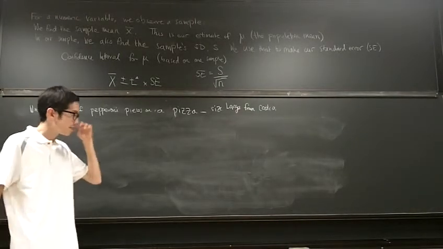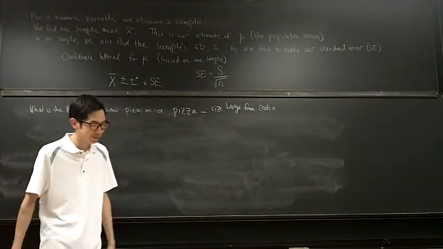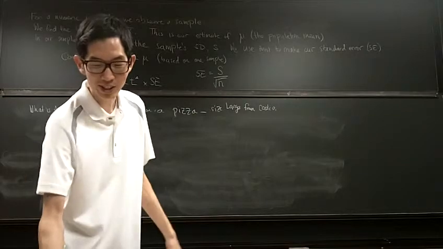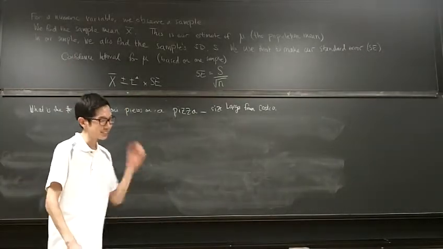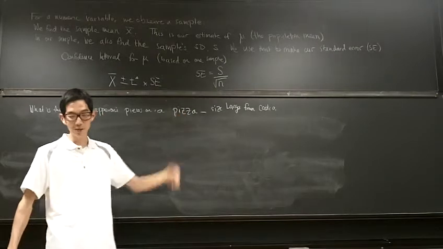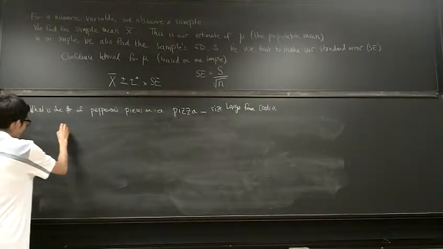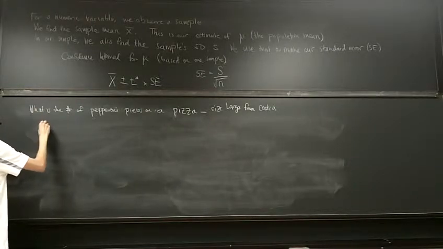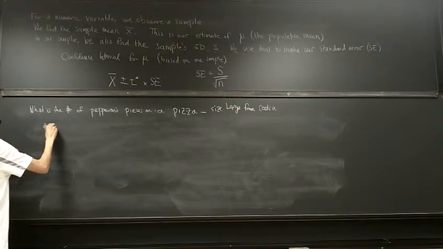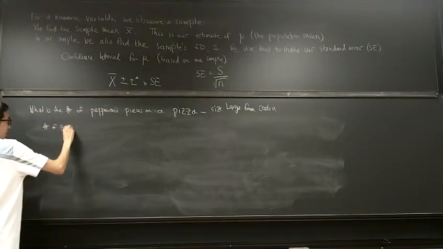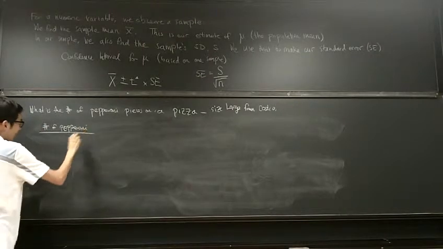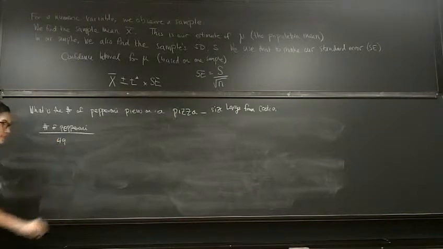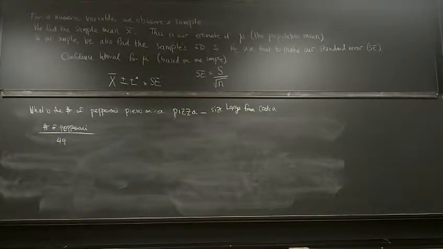So anyway, we go there, and just to make sure we're getting a random sample, we go around the nation to all the different Costco places and order a large pizza and count how many pieces of pepperoni. We keep track of the number of pepperoni pieces. Let's say we count one, and there's 49 pieces of pepperoni on a pizza. I'm just making up numbers here.